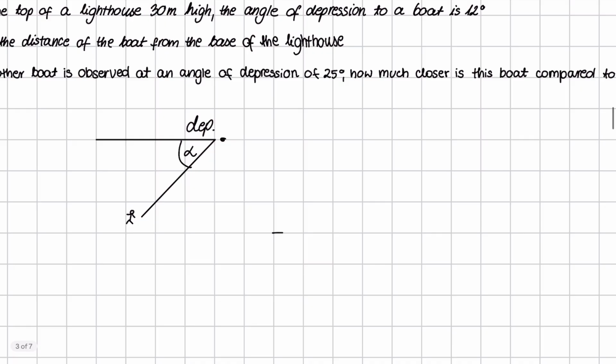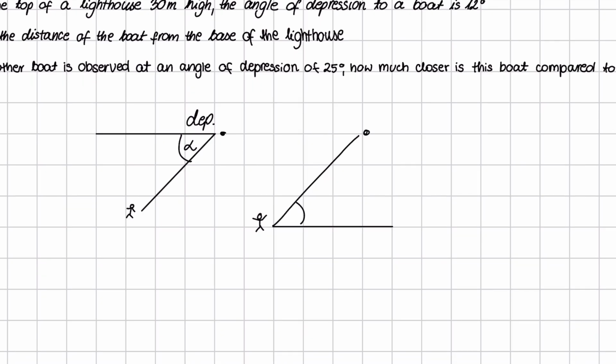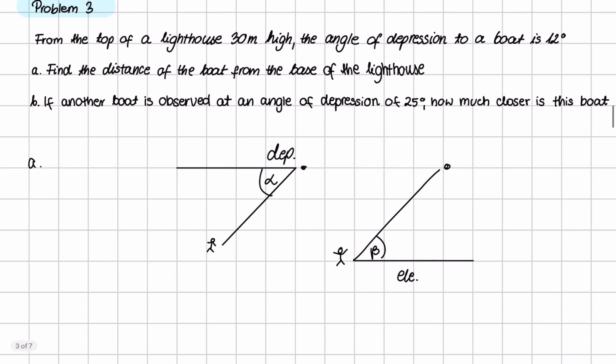And when we have the ground and we are this person, and for example here is an airplane, and this angle is the angle of elevation. Okay, so now we can draw our image.